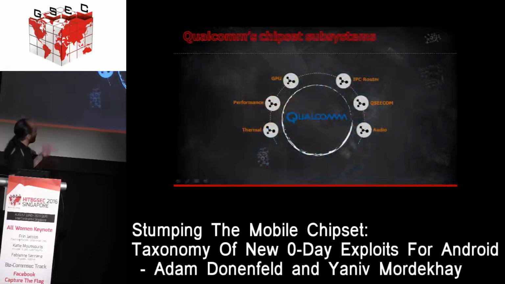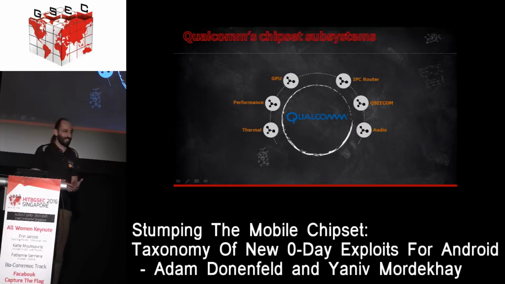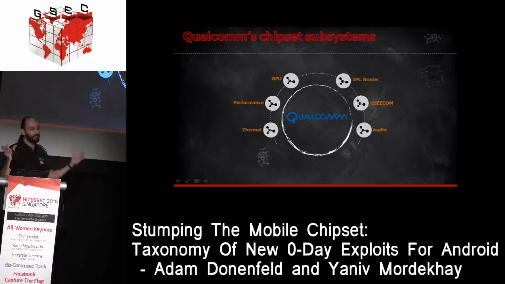So when talking about chipsets and Qualcomm specifically, we have a very low-level component that is comprised of many, many parts, many internal modules, a lot of opportunities for bugs and vulnerabilities, a very logistically complicated supply chain that leaves these vulnerabilities open for a very long period, and a huge victim pool.